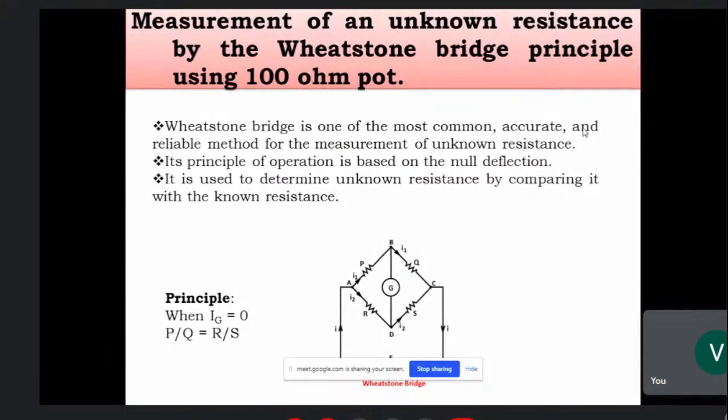In the physics laboratory, the meter bridge is basically the modification of the Wheatstone bridge network used to determine the value of unknown resistance. Wheatstone bridge is one of the most common, accurate and reliable methods for the measurement of unknown resistance, and its principle of operation is based on the null deflection.